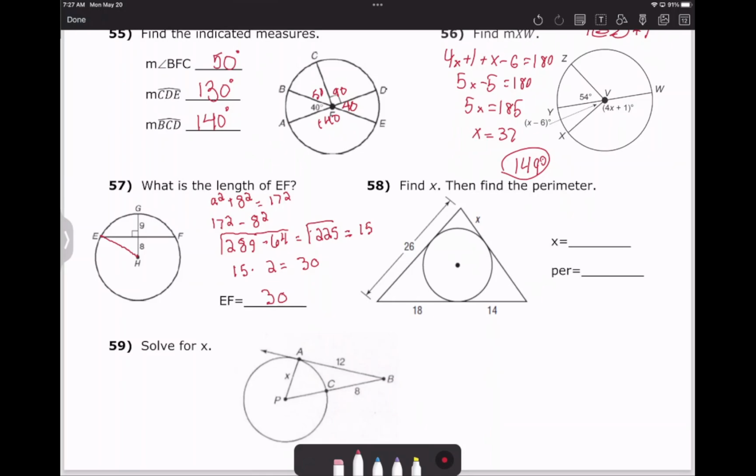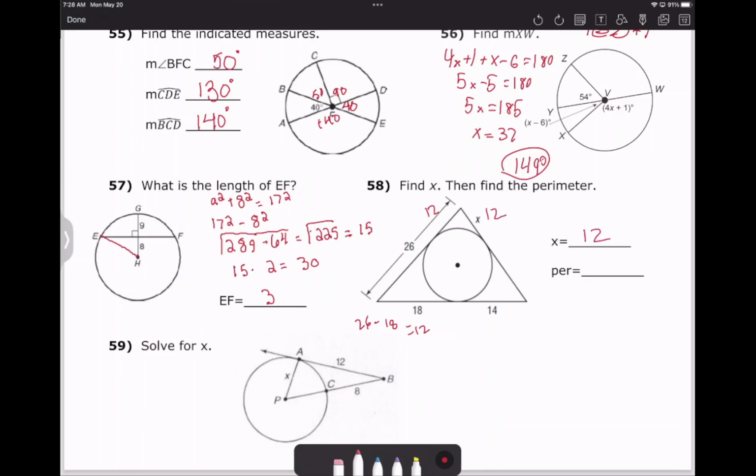All right, Trace. 58. So this uses the rule that segments that meet at the same point outside the circle are equidistant to the circle.